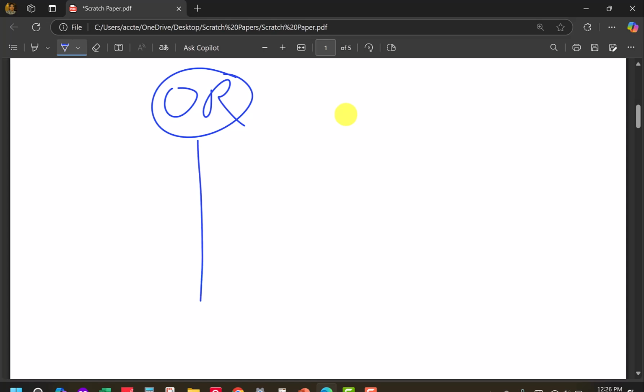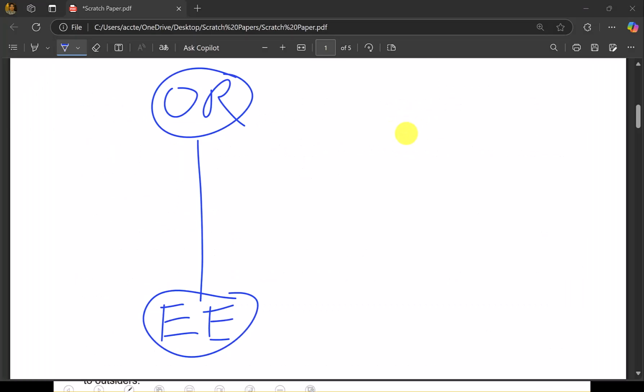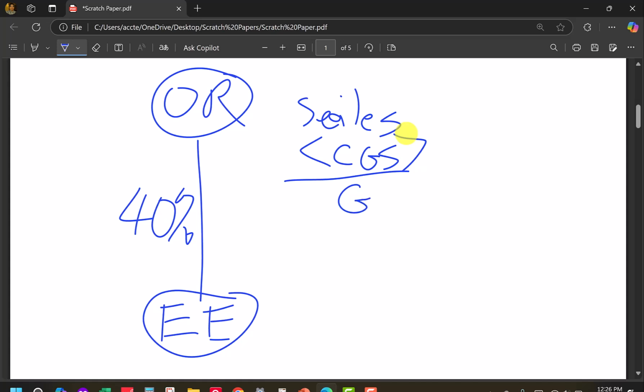So this is our investor that owns an interest in the investee company. What is that percent ownership? We're told it's 40%. And our investor is selling; we'll call this sales, minus cost of goods sold, equals a gross profit.